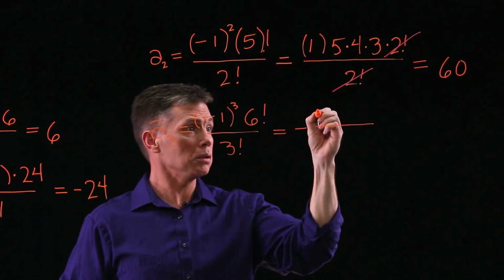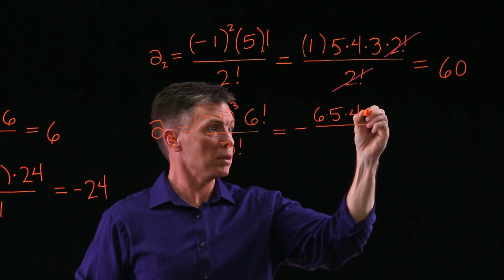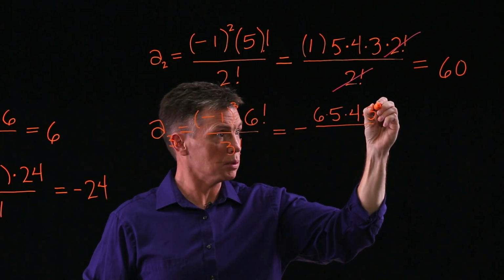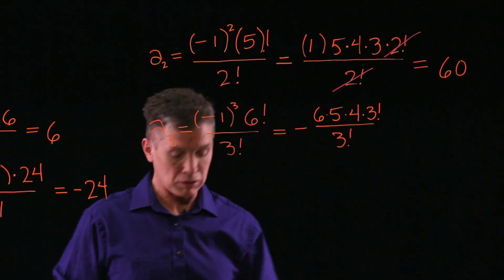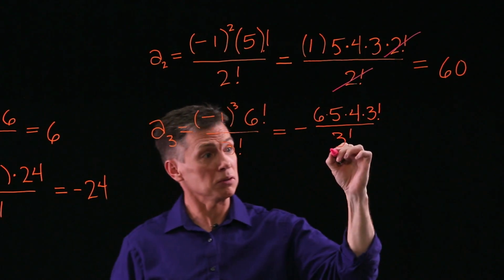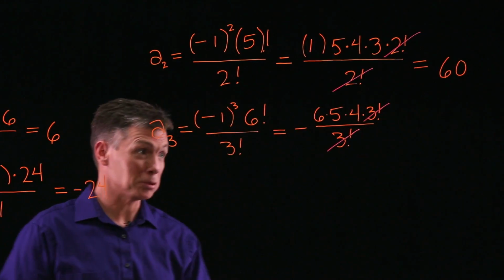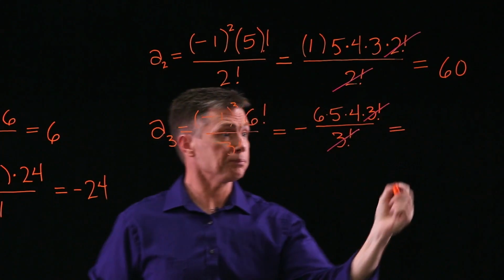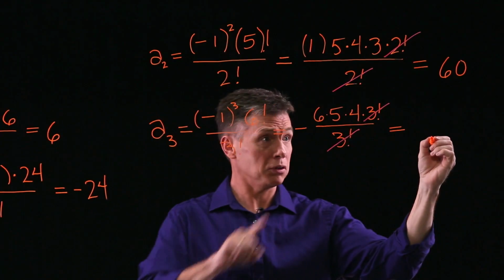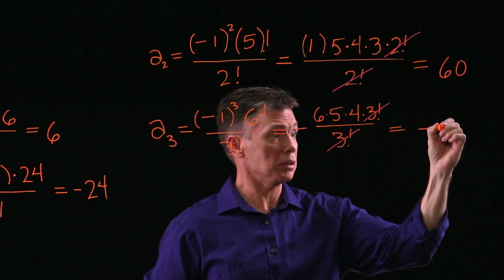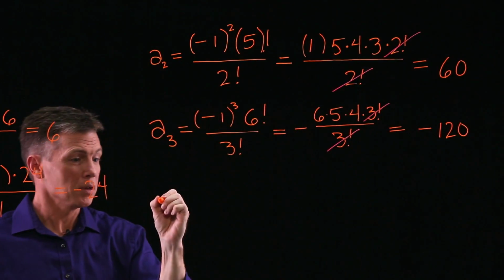But then that factorial will be 6 times 5 times 4 times 3, 2, 1, which I'll write as 6 times 5 times 4 times 3 factorial, because I'm looking at how that's going to cross out. It's going to divide out with the 3 factorial that's downstairs, right? And then again, hopefully, simpler arithmetic. This equals, let's see, 6 times 5 is 30, times 4 is 120. I don't want to lose that minus sign, though. Negative 120.